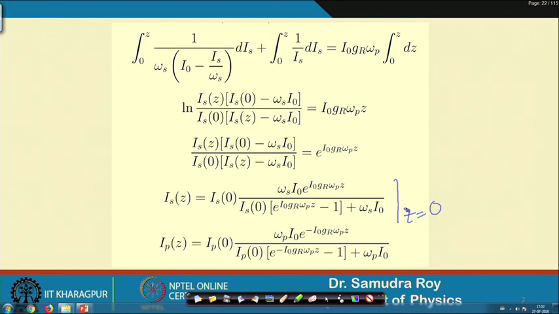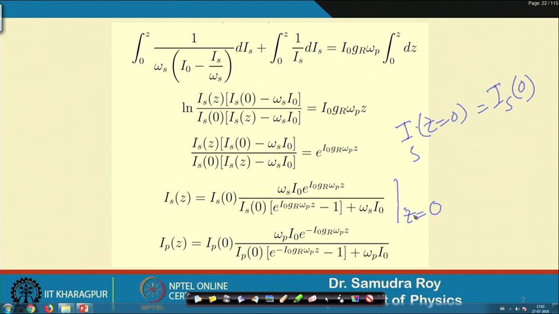Obviously, we know that at z equal to 0, the left hand side will be I_s at z equal to 0, or I_s(0), which is already in the equation. So, this term will simply be I_s(0).